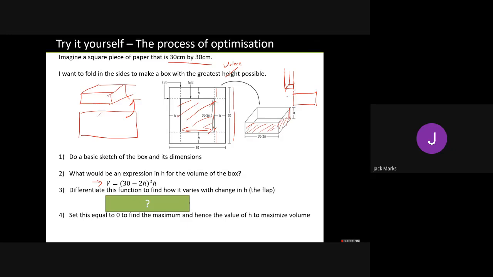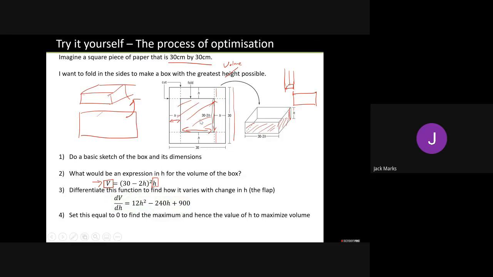You won't be able to fit much in it. So how do we find the perfect amount? Well, if we differentiate it, we can find how the volume changes as you change h, h being the thing you choose for how high you want your box to go.